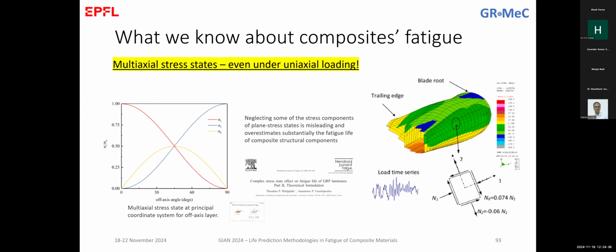At that time we were investigating wind turbine rotor blades, and we attributed the failure of specific components exactly to the design neglecting the transverse normal and the shear stress in the fatigue loading. So multi-axial stress is important, and it should be considered in design.